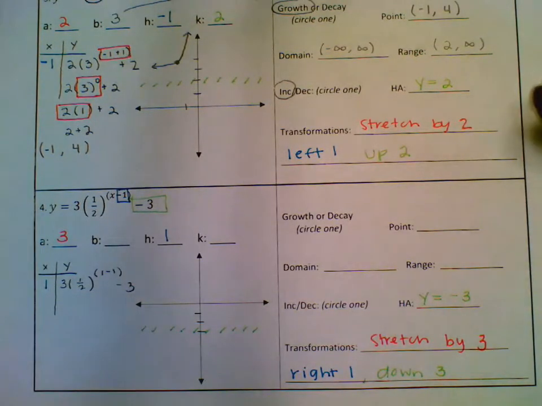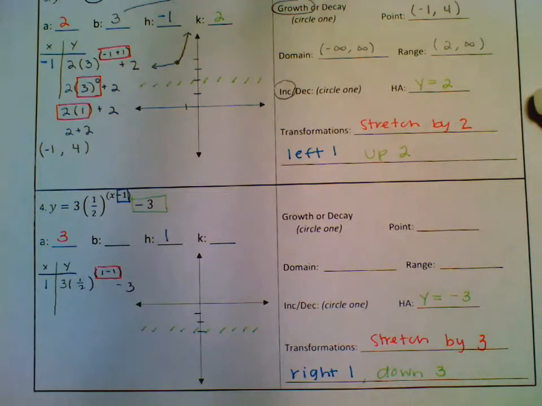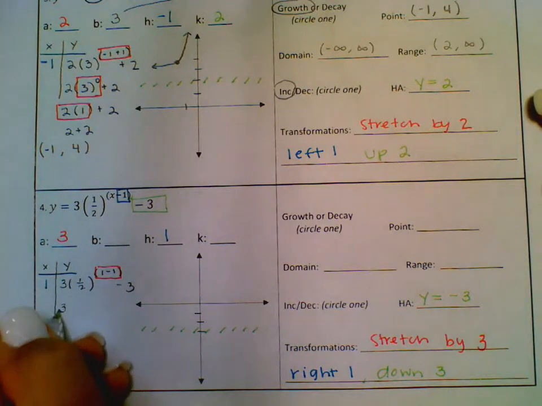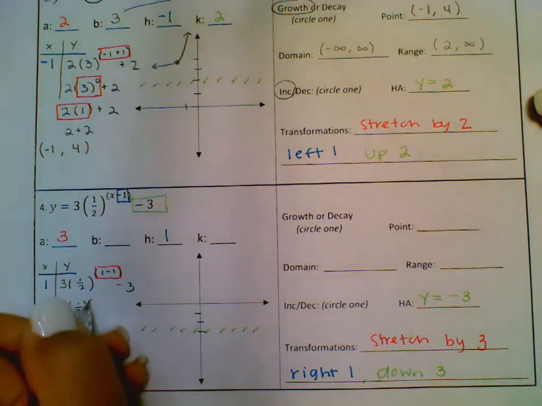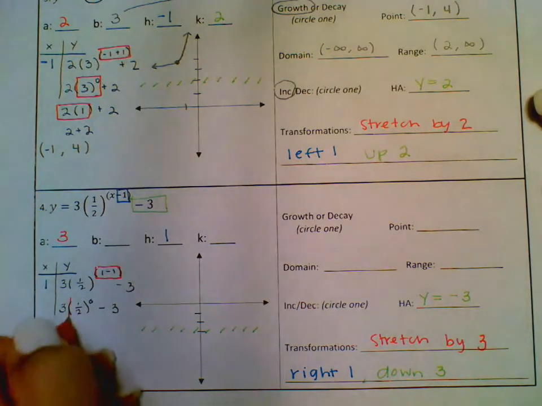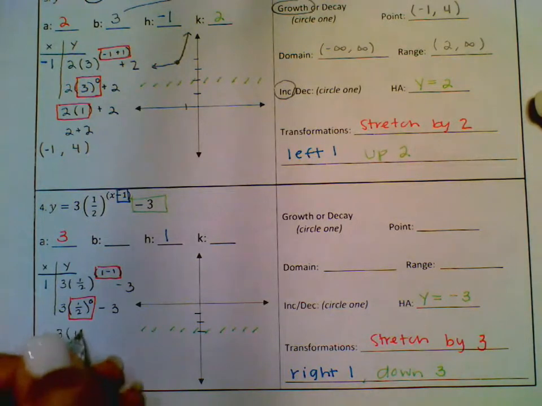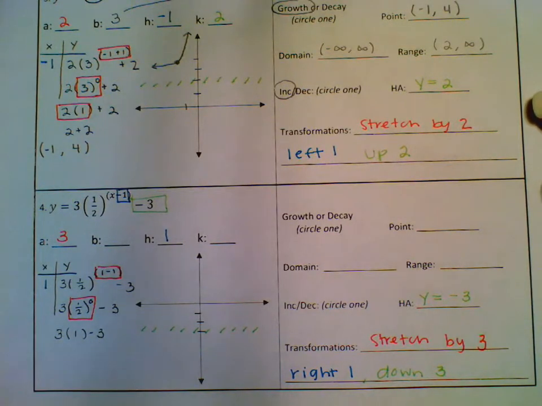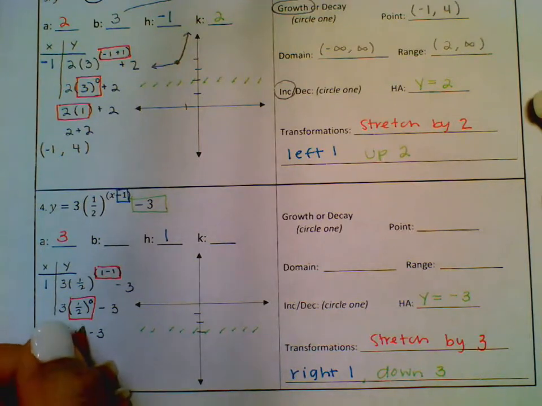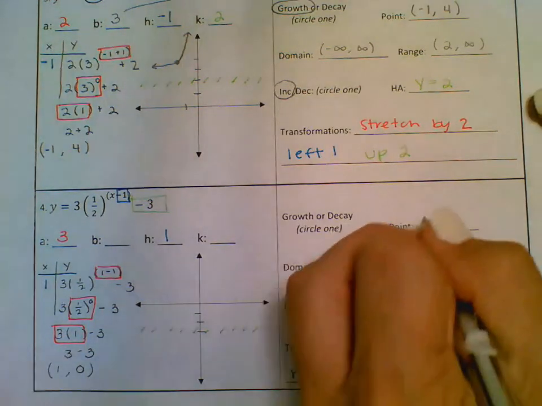And I'm following, please excuse my dear Aunt Sally, so I'm trying to figure out what this is. 1 minus 1 is 0. 3 times 1/2 to the 0 power minus 3. 1/2 to the 0 power, anything to the 0 power is 1, minus 3. 3 times 1 is 3. And 3 minus 3 is 0. My point is over 1, up 0.